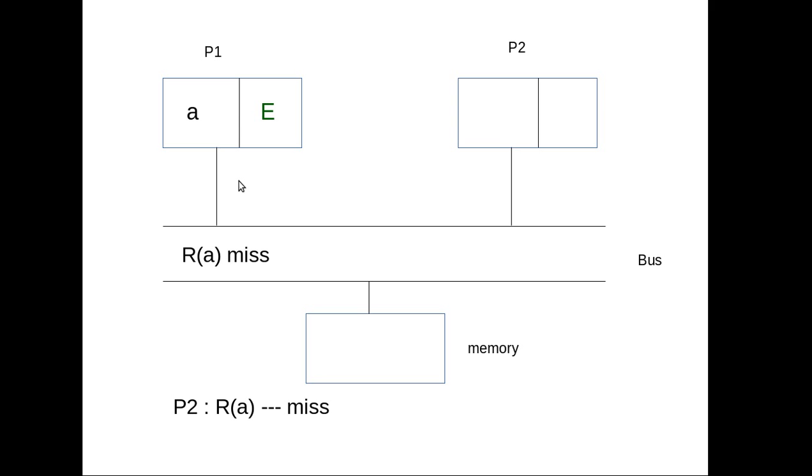We say bus read hit or bus write hit. We have two hits, bus read hit or bus write hit. Whenever a miss comes into bus, it checks whether it's read hit or write hit.